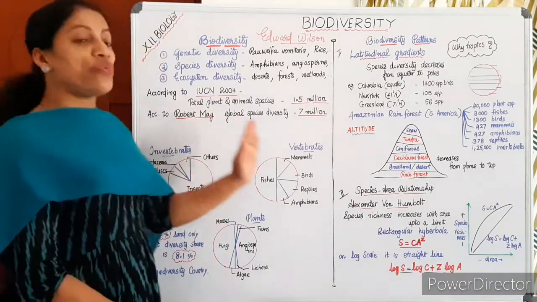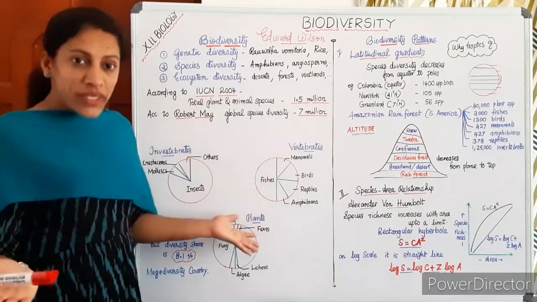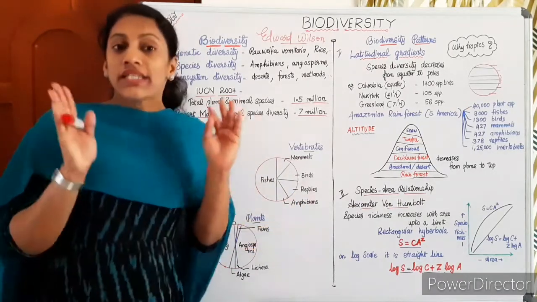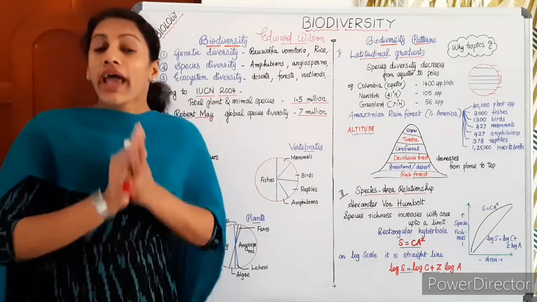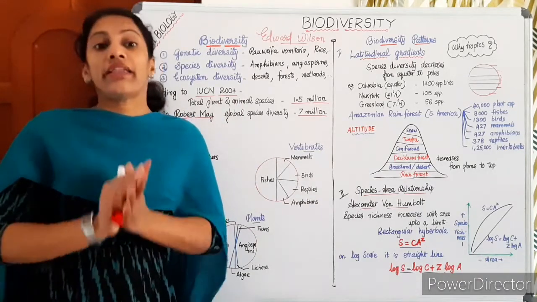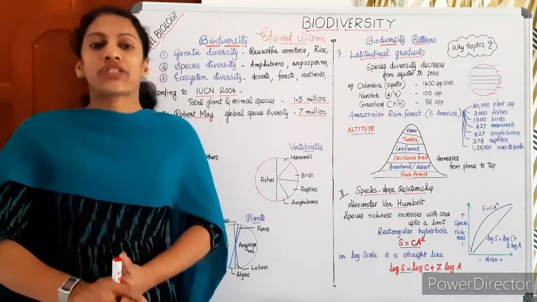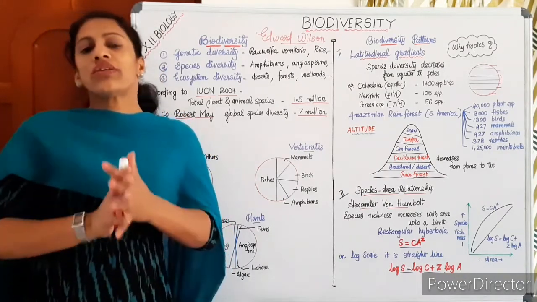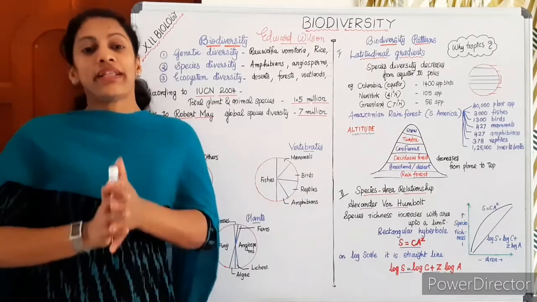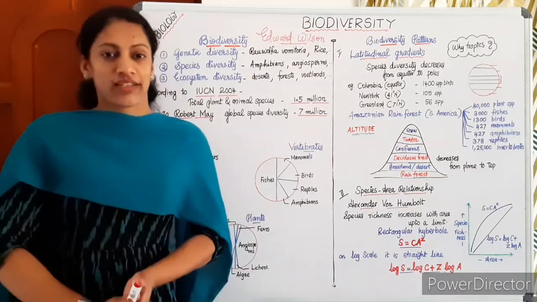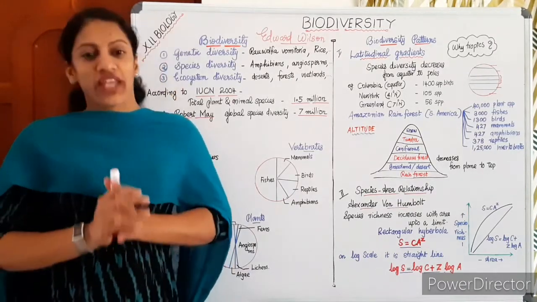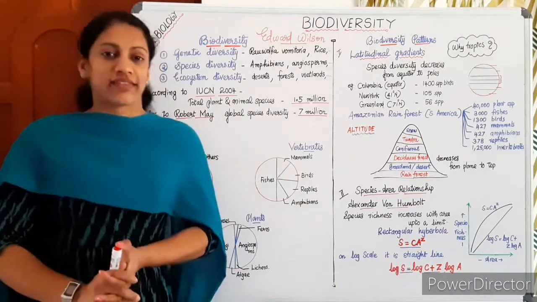Whenever we speak about diversity, keep in mind that among animals, the most common group is the insects. That means 70% of the animals are insects.